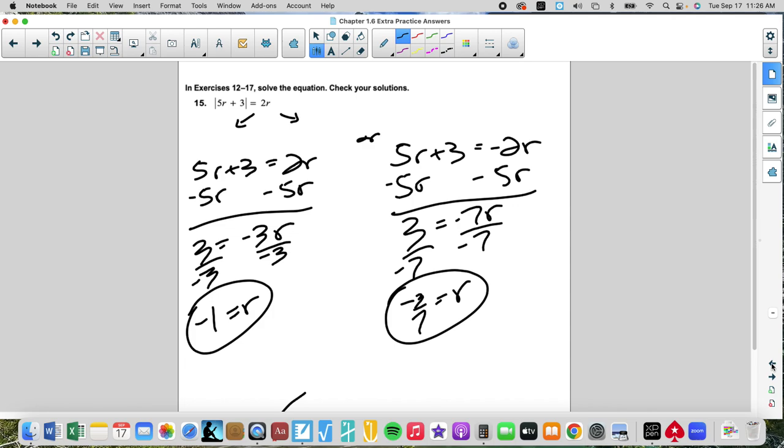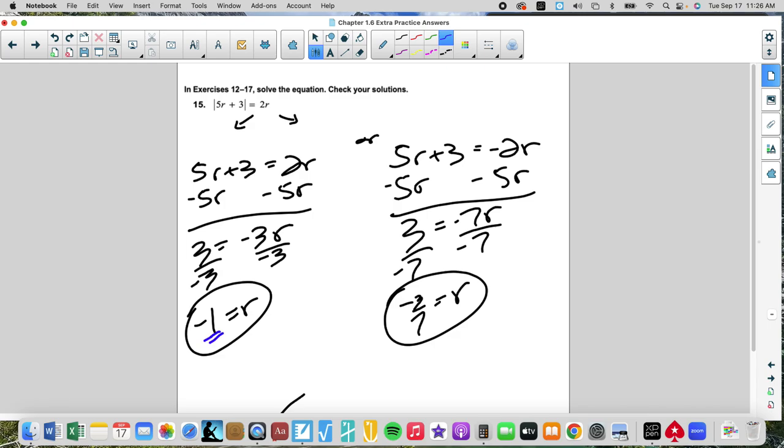Because when we plug these values in to this, what's it going to produce? It's going to produce negative 2. This value is going to be negative 2, or this value is going to be negative 6/7. And this will never produce a negative. Ooh, I guess you wouldn't see that in the work here.